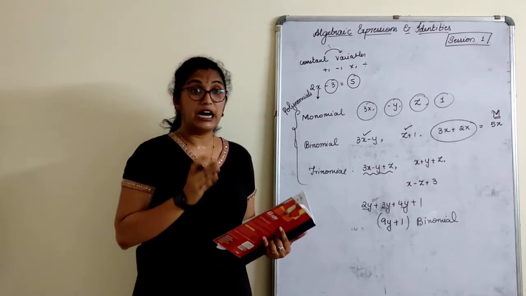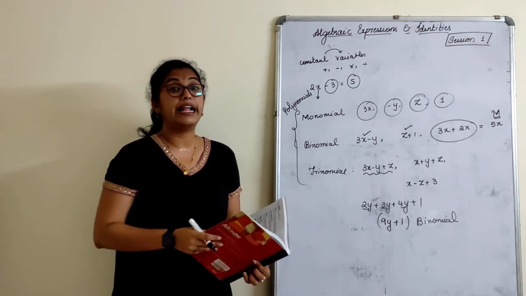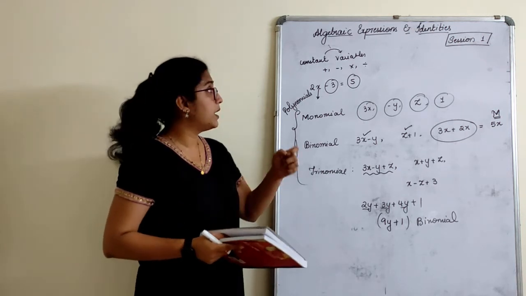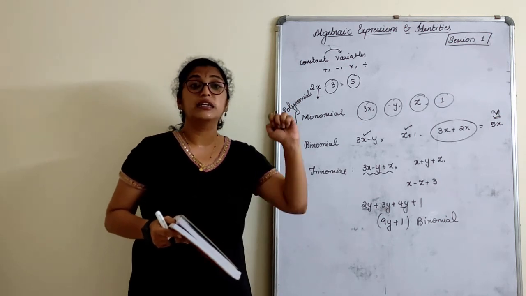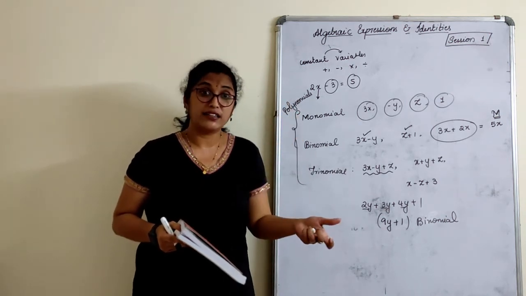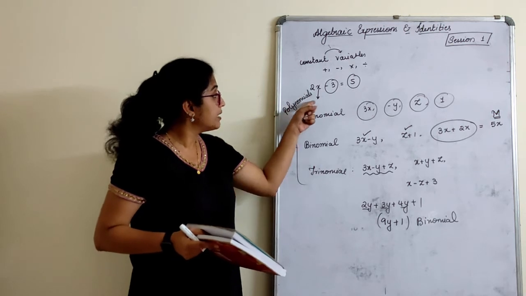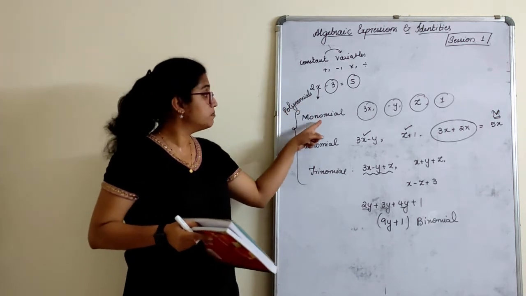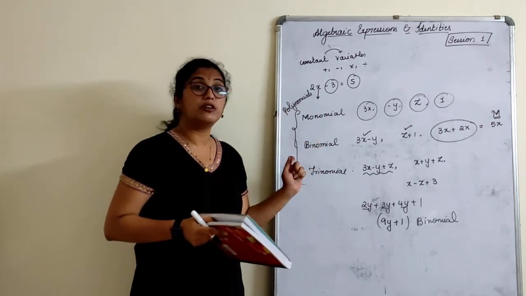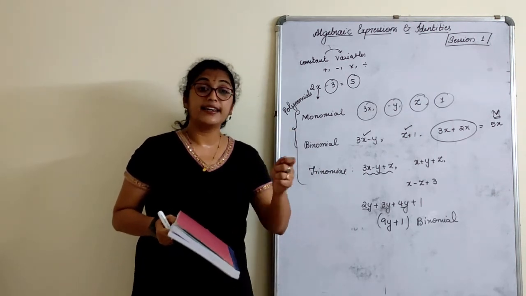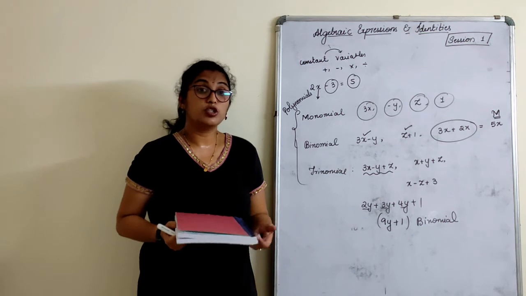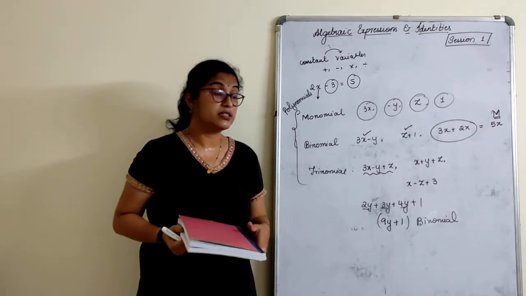The first half of the chapter tells us all about what an algebraic expression is, what a term is, what a coefficient is, what factors are, then what polynomials are, in that monomial, binomial, trinomial and quadrinomial, and most important, like and unlike terms, because you should know how to add these terms.